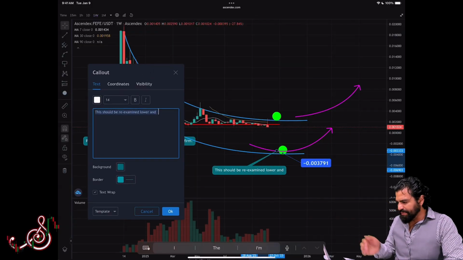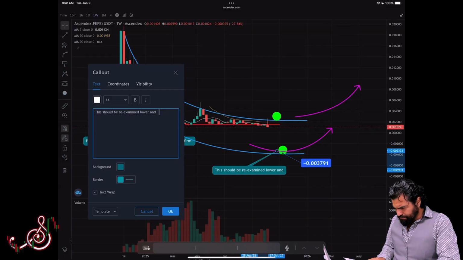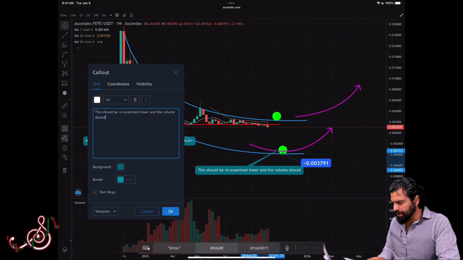This should be re-examined lower, and the volume should be low, or look like lack of interest. That's the key word: lack of interest. This means the players are done shorting.